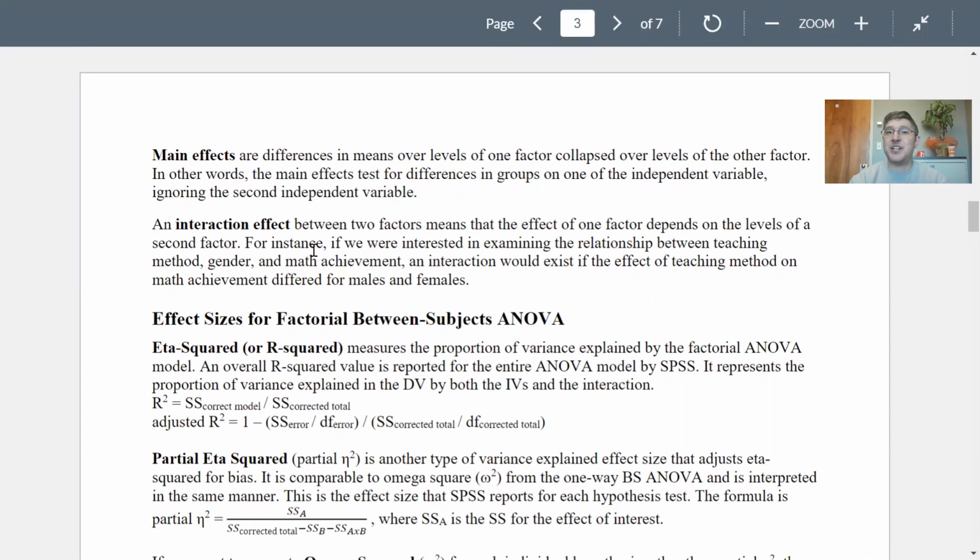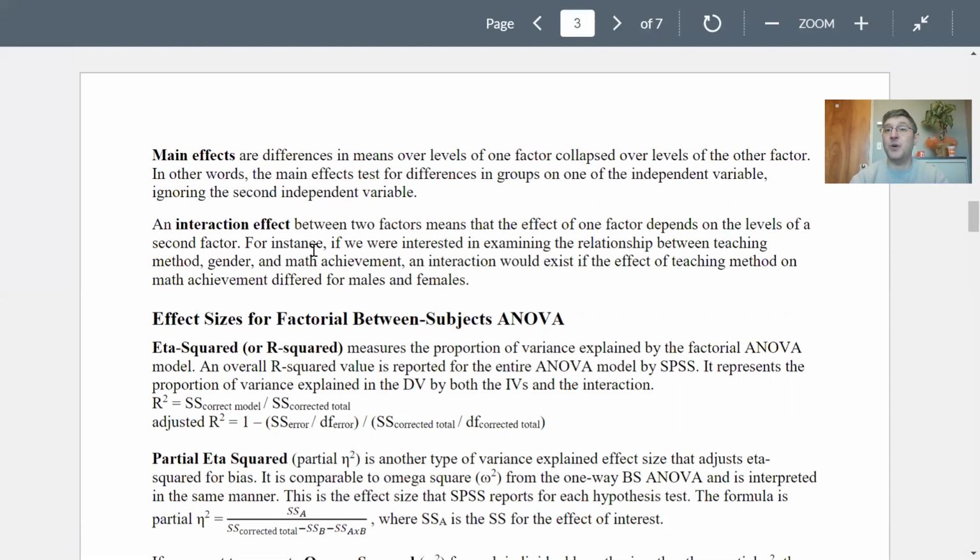So an interaction hypothesis would be that the impact of teaching method on math achievement would depend on whether the student was male or female. So maybe method A is better for females and method B is better for males. That would be an interaction effect.